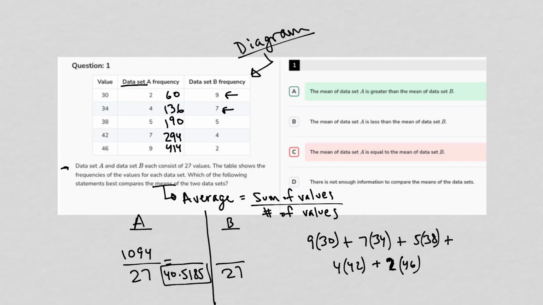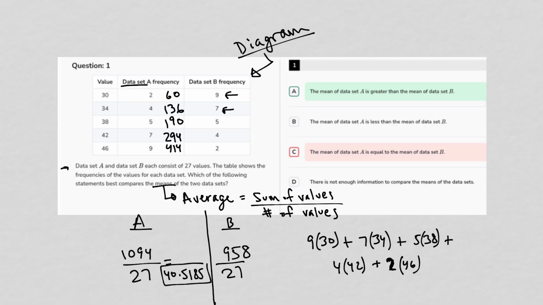Let's just start over. 9 times 30 plus 7 times 34 plus 5 times 38 plus 4 times 42 plus 2 times 46 in my calculator. And from doing that, I get 958. So that's my numerator here.